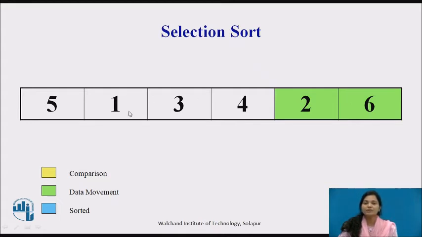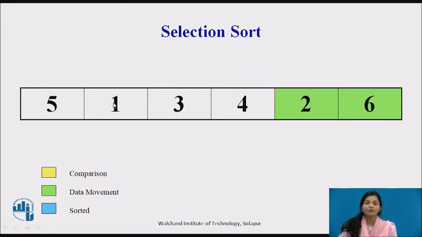If we were doing it with the smallest number, we would consider the first one as smallest, compare it with 1, and if 1 is smaller, it would be exchanged to the first position. Here we are working on the largest element, so our largest element will be moved to the last position.